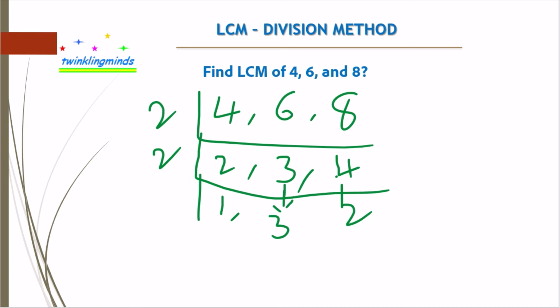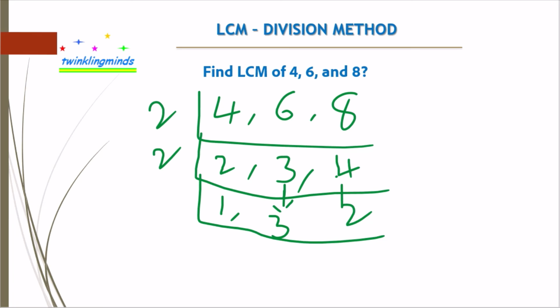We need to repeat. Now we have 1, 3, 2. No need to consider this 1, not required. Either 3 or 2. As I mentioned earlier, the number you are going to consider must divide at least one number.